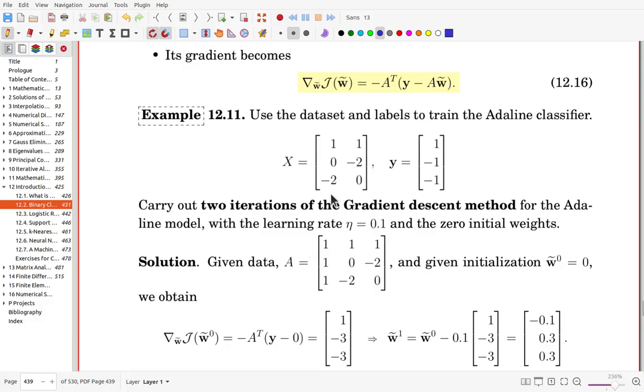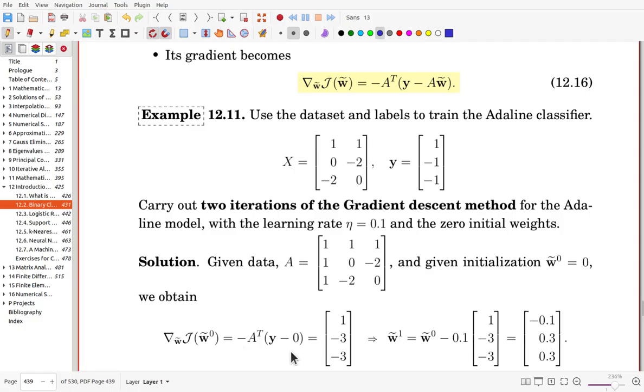Now, for the given data, we put an all-ones vector in front of x, and that is A. So this portion is the same as this one. Now, the initial weight W0 is 0. The gradient is minus A transpose times (y minus A W0), but W0 is 0.